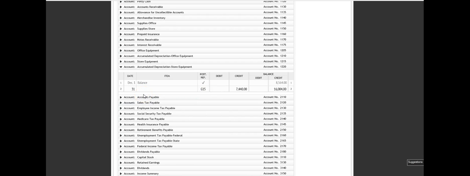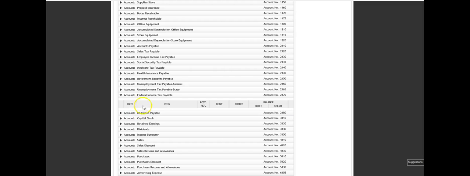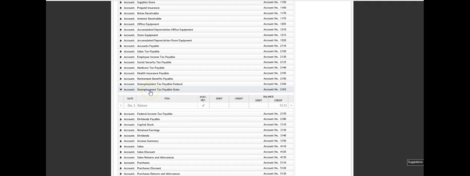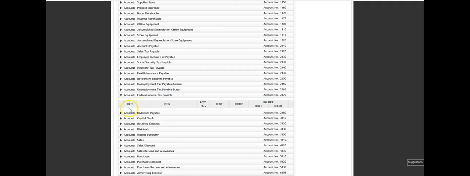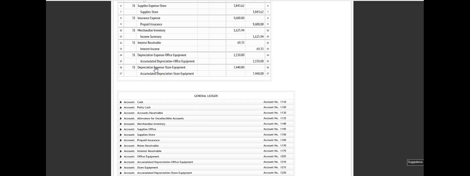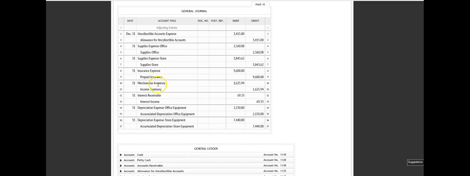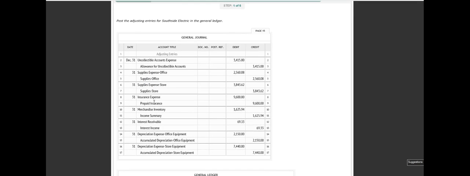Okay, federal income tax payable. Here we go. That's odd. Okay, we're supposed to add something in here, but there's no space to do it. Maybe we need to go to the next page.